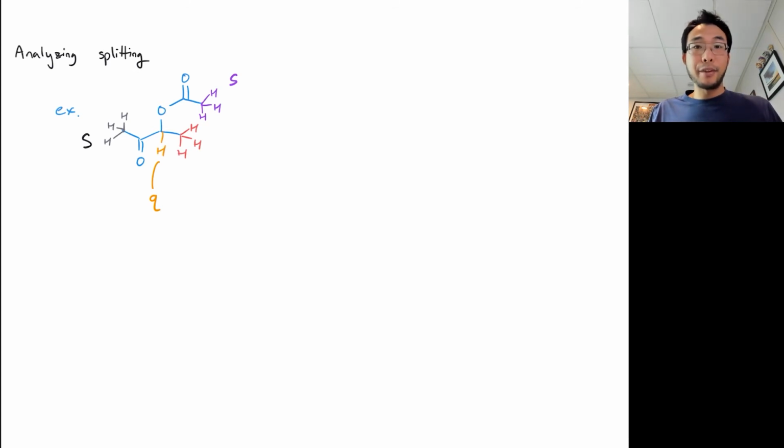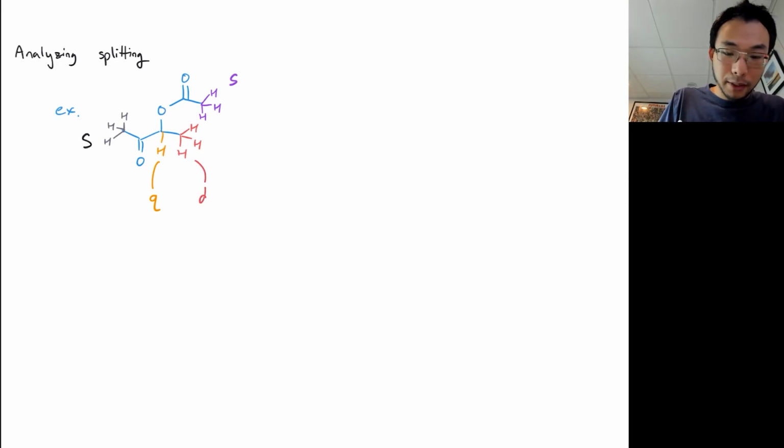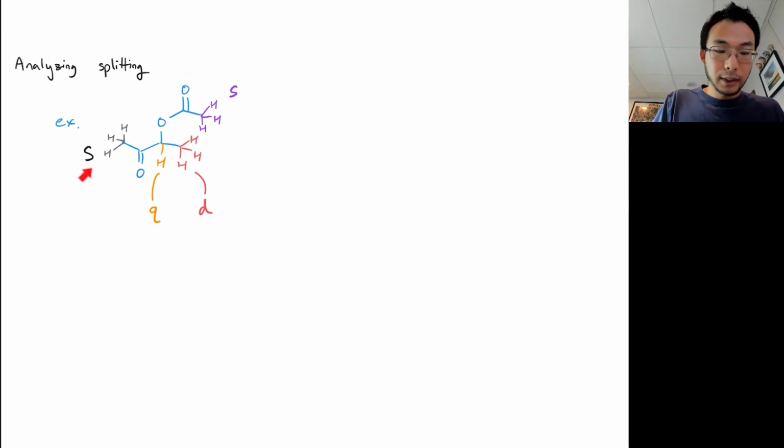From the perspective of the red hydrogens, each red hydrogen is coupling to the orange hydrogen, so it has 1 neighbor, and we ignore the other red hydrogens because they're equivalent to the red hydrogen. So with 1 neighbor, we expect to see a doublet, right? So in interpreting the NMR and going to actual data, I would expect to see singlet, singlet, quartet, and doublet.